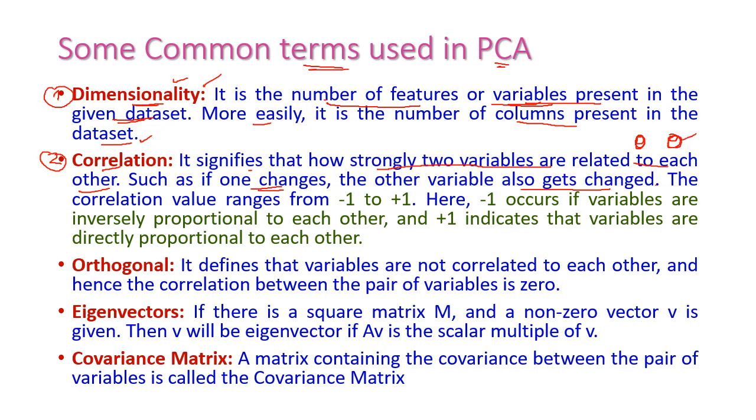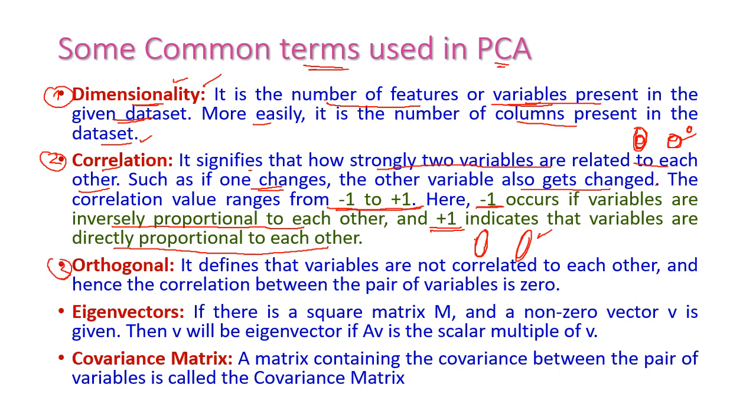So this is called correlation, and correlation values range from -1 to +1. -1 means the variables are inversely proportional to each other. That means if one value increases, the other value will decrease. And +1 means the variables are directly proportional to each other. Directly proportional means if the first value increases, then the second also increases.